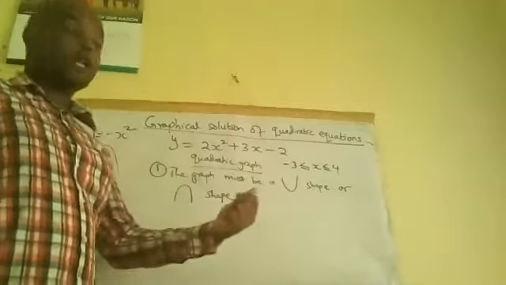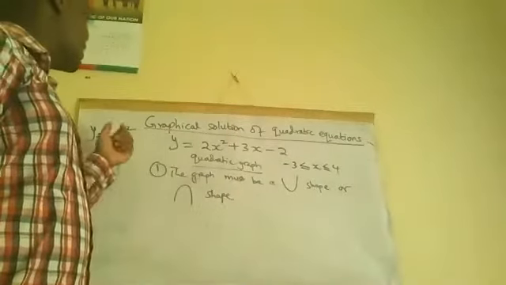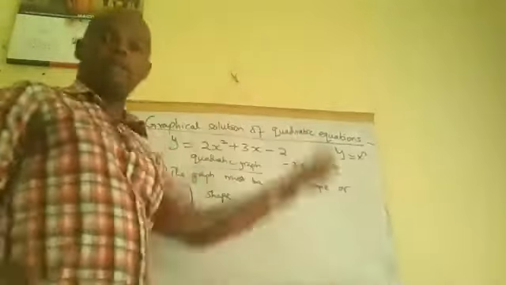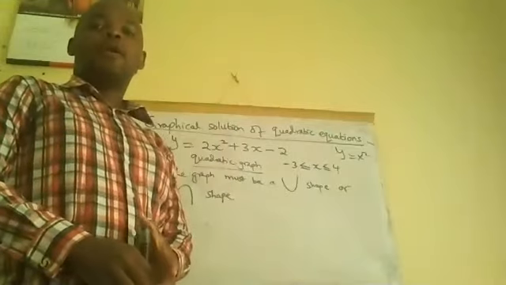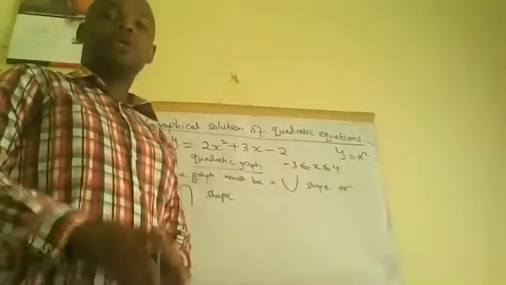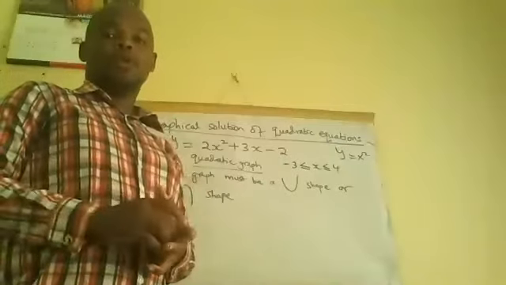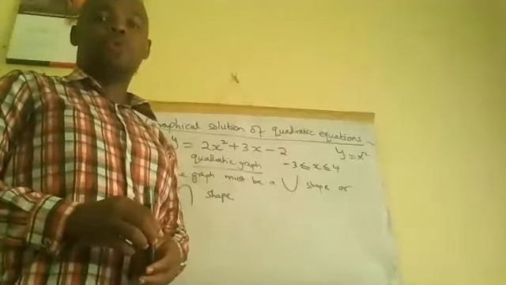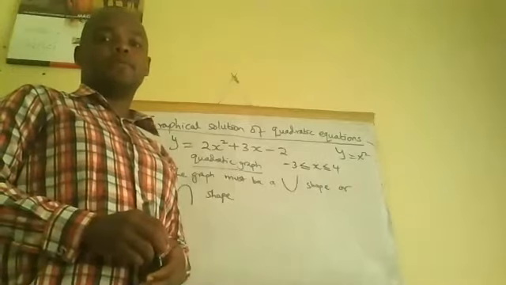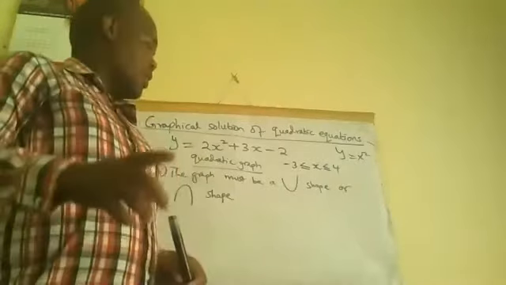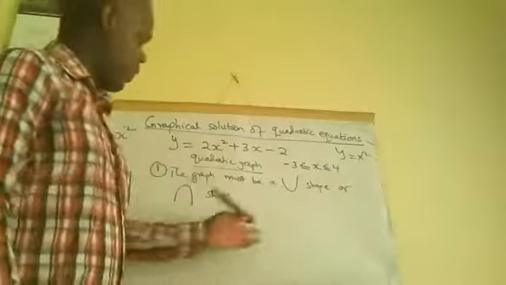If the coefficient of x squared is positive, like y equals x squared, then the graph is U-shaped. So that's number two. I was just combining it.